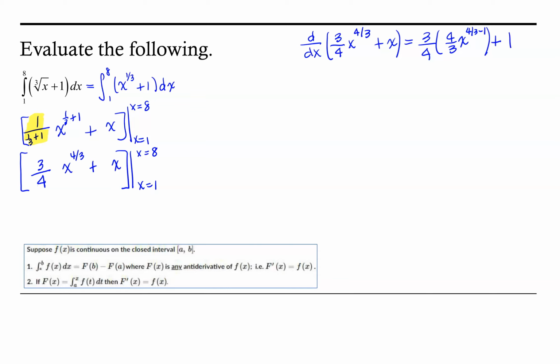And 4/3 times 3/4 is 1. So we end up with x to the 1/3 power plus 1, which matches our integrand. So we have confidence that our antiderivative is correct.